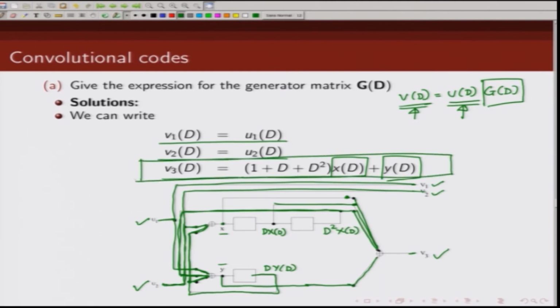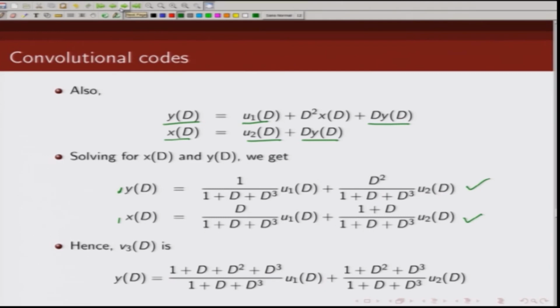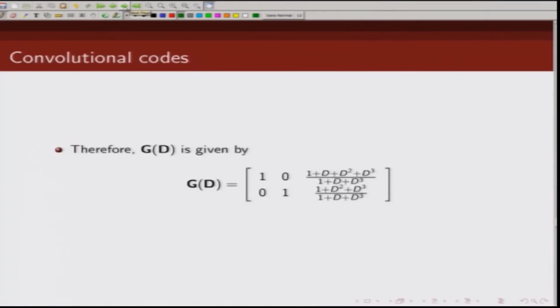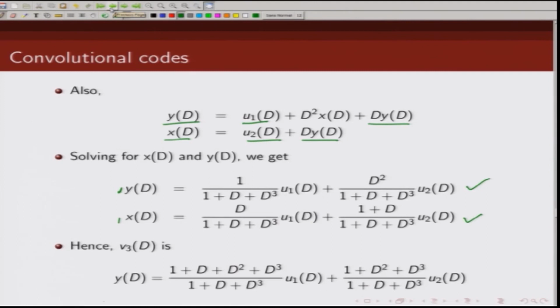into this expression of y3 of d. So, we plug the values of x d and y d, which we just computed, in here. If we do that, we will get the expression of v3 of d.